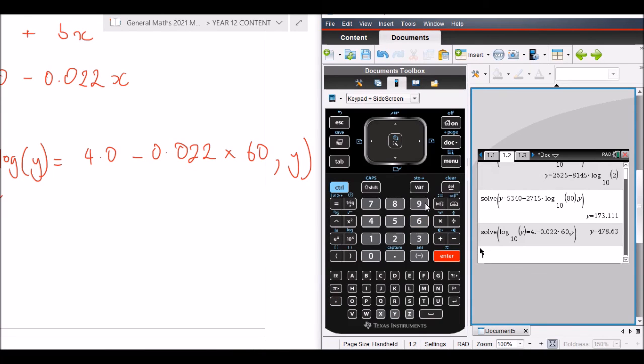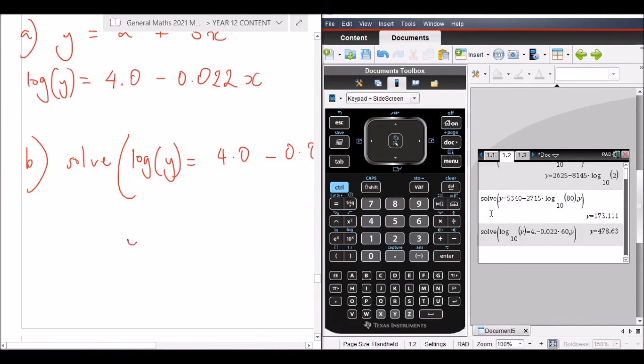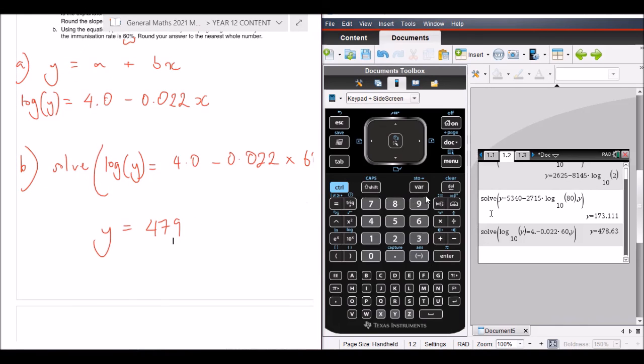In this case, y is equal to 478.63, rounded to 479. Cool. And that's basically it for your log transformations. Thank you.